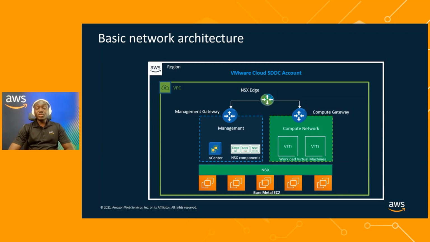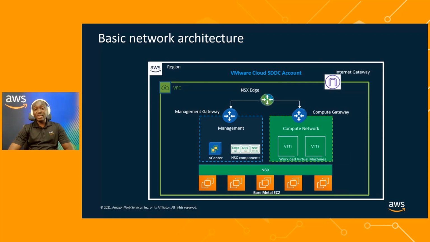Now, how do you get to the public internet? If you've worked with Amazon VPC before, these VPCs have a construct that we call the Internet Gateway. Think of it as a path that allows you to send traffic outside of a VPC.